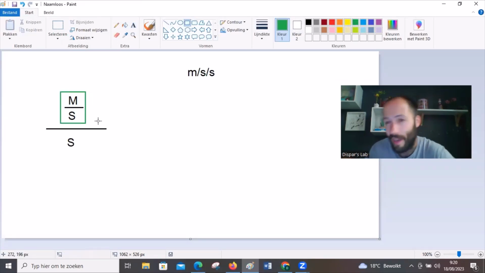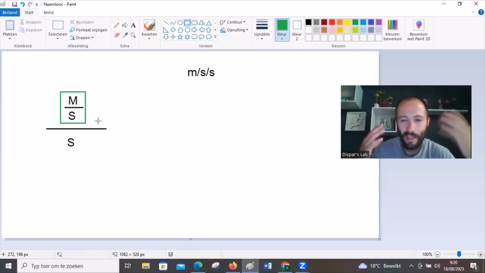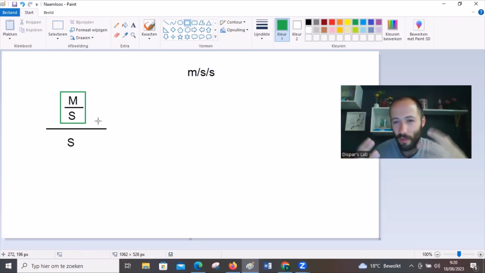Now, of course, you cannot divide meters by seconds, but this is just about units. The way you do this is not the way you do this with numbers. It has a different meaning. They do it in the same way, but just for the sake of notation.